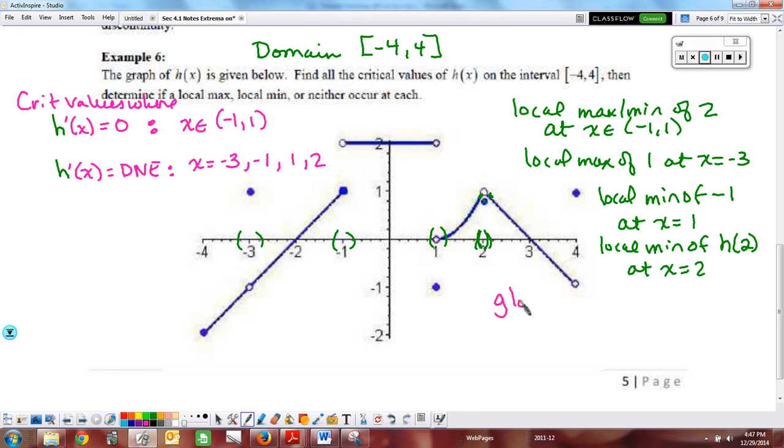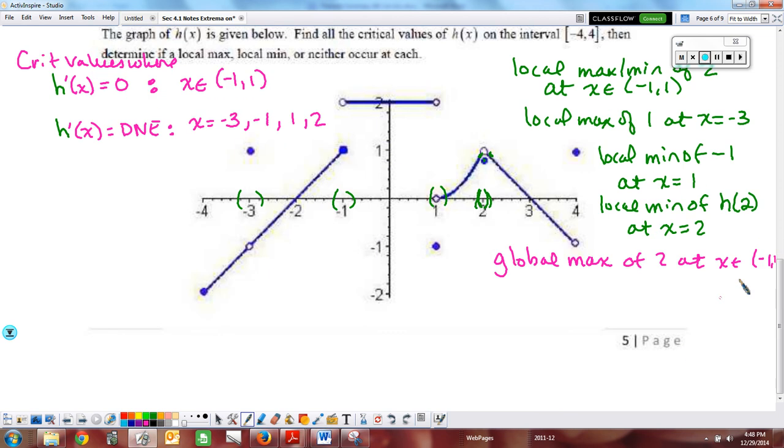So I would say that we have a global max of 2 at x in [-1, 1]. Then we scan across for the y value for which there are none lower. Over here at this endpoint, there is a global min of -2 at x equal to -4. So even though we're not guaranteed to have them, we actually did at that place.